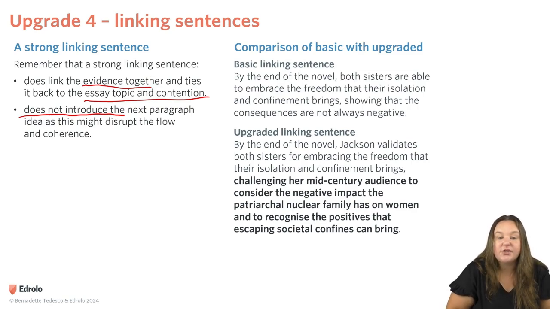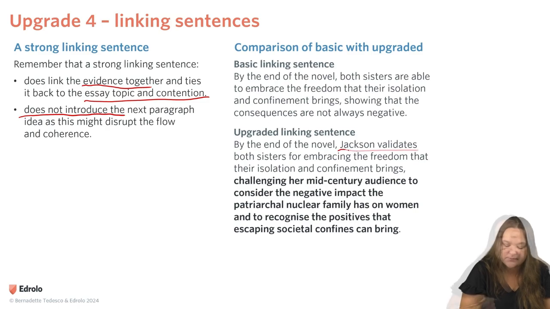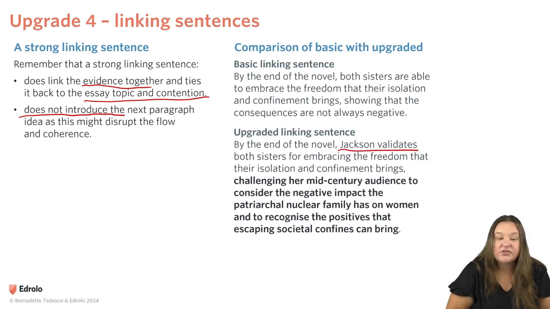So, by the end of the novel, Jackson validates both sisters for embracing the freedom that their isolation and confinement brings. So, views and values: challenging her mid-century audience to consider the negative impact the patriarchal nuclear family has on women and to recognise the positives that escaping societal confines can bring.